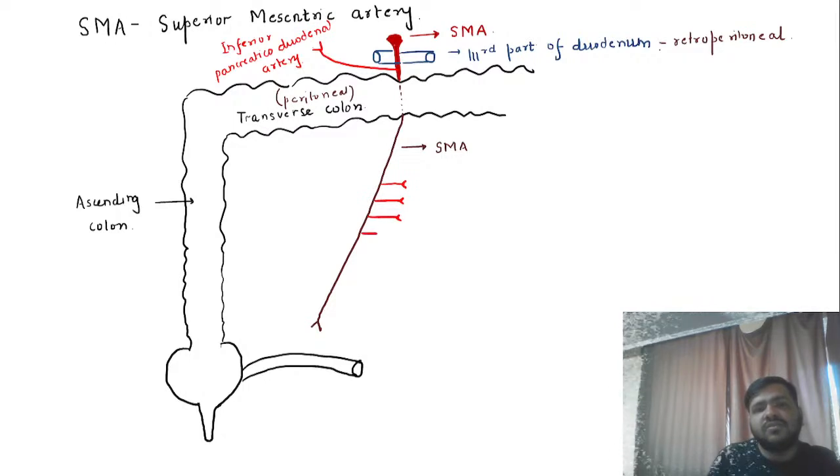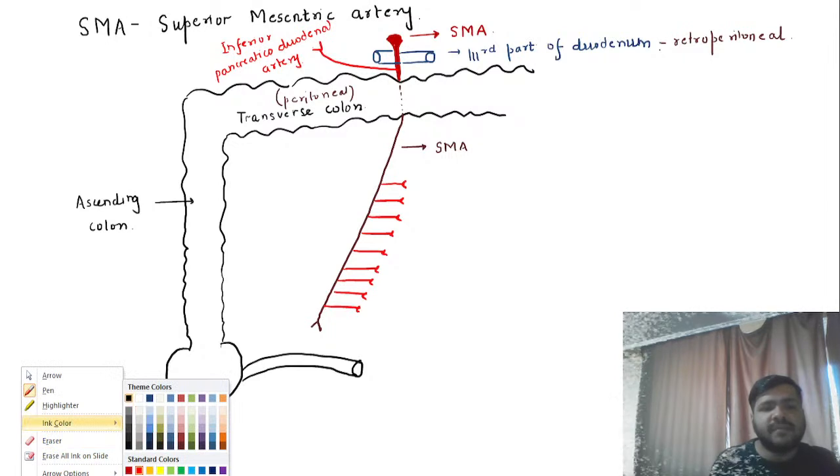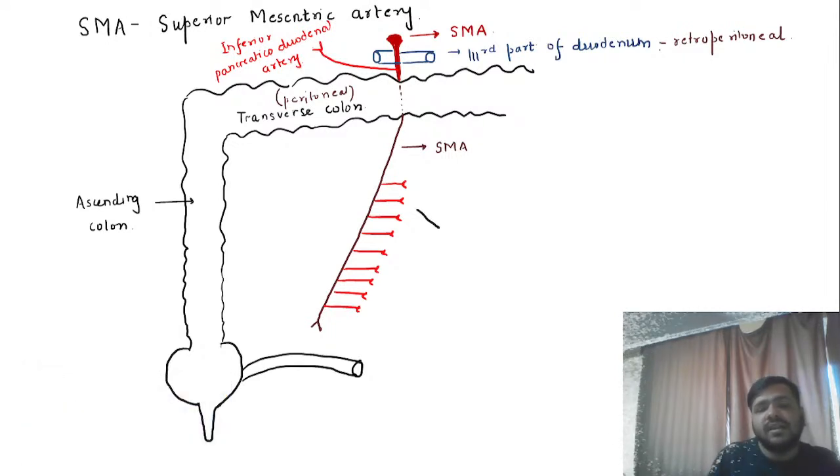So we have the jejunal and the ileal branches. These are approximately 20 in number, supplying the jejunum and the ileum respectively.